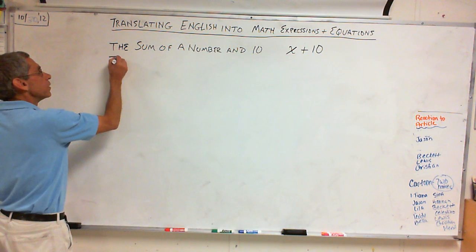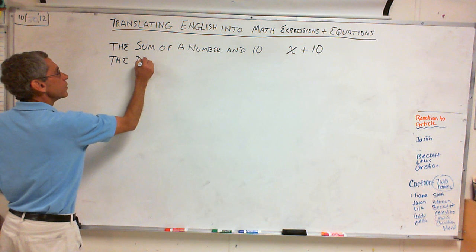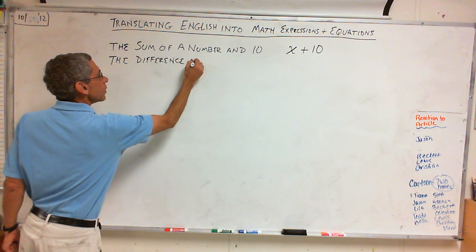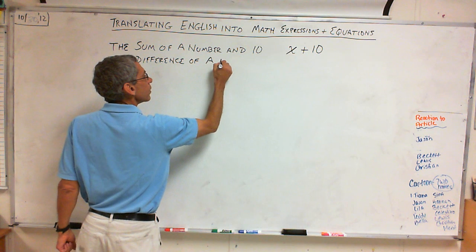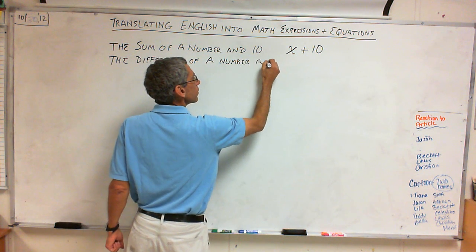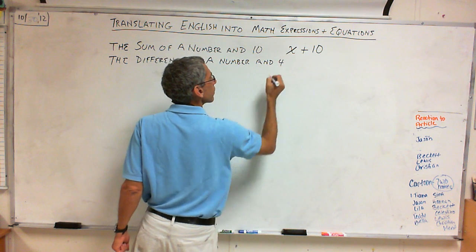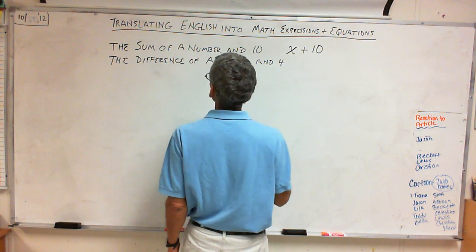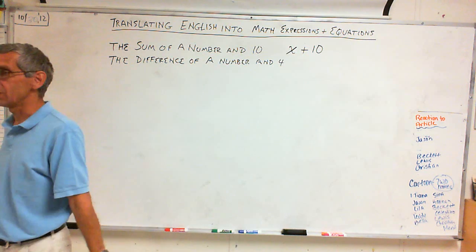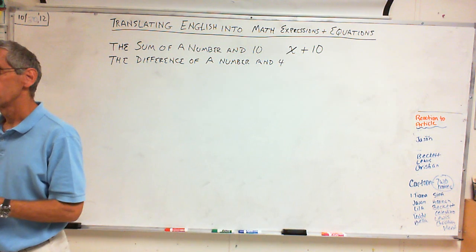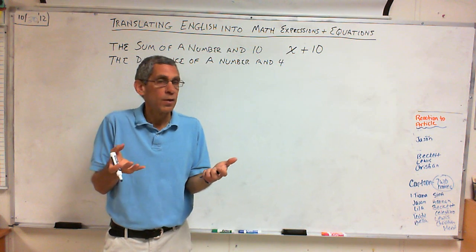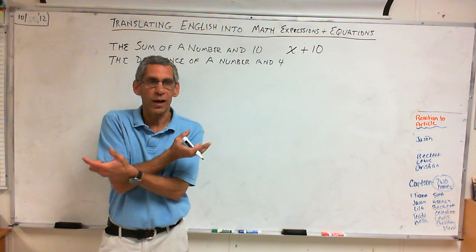All right, let's try this one. The difference of a number and 4. I guess I should have moved over a little further. Well, I'll do it over here. So the difference, what does difference mean? Steph? Right. You're going to have two numbers and they're going to be subtracted from each other. Now the question is, which one do you subtract from which?